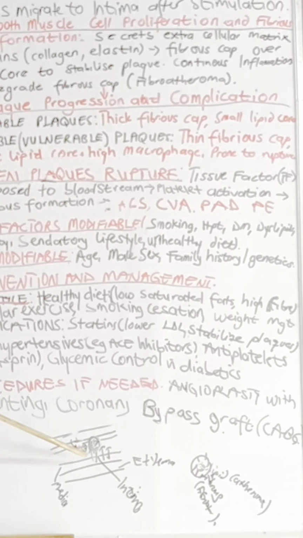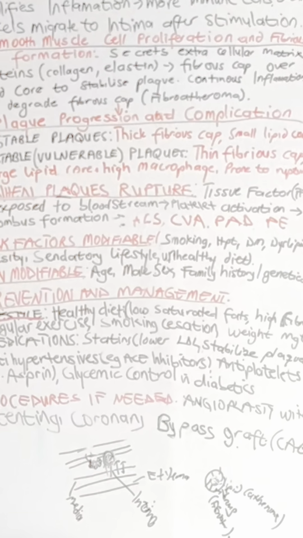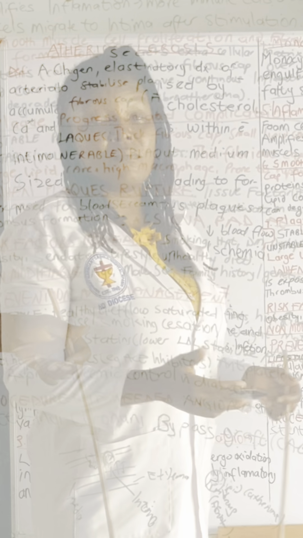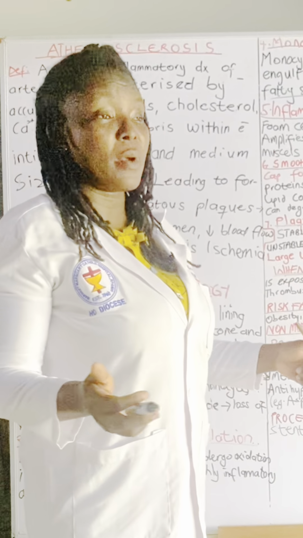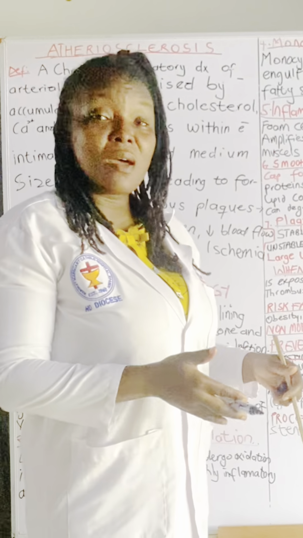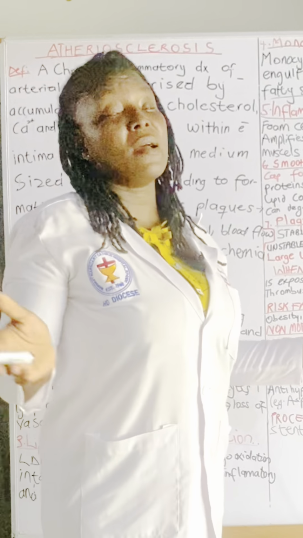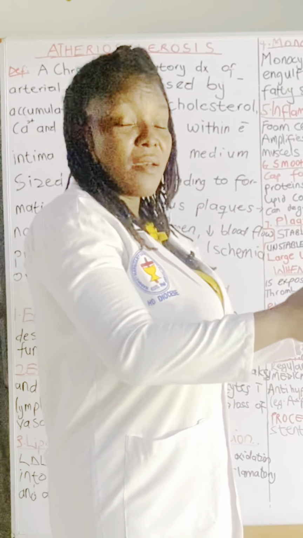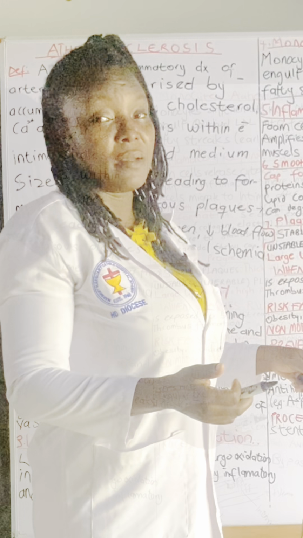So the smooth muscles migrating from the media come into the intima and form the covering around it in a bid to stabilize it. But as the inflammation progresses, it ruptures, and that is where the problem comes. Even if it doesn't rupture, the narrowing alone causes significant damage because there is reduced blood supply to whatever area those arteries are supplying.